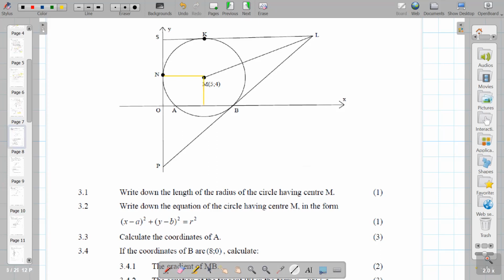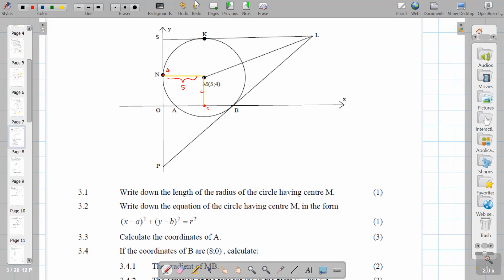So if I look at the coordinates of M, what do we see? X coordinate is 5, and y coordinate is 4. (5, 4). So that's why that length is basically 5, which is my radius, that's all. This length down here is not the radius, that length is 4.